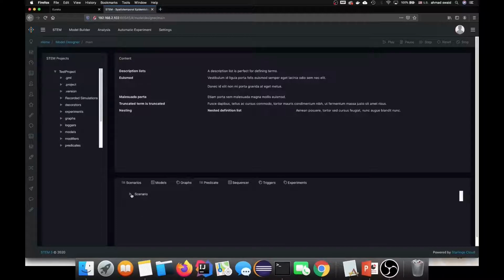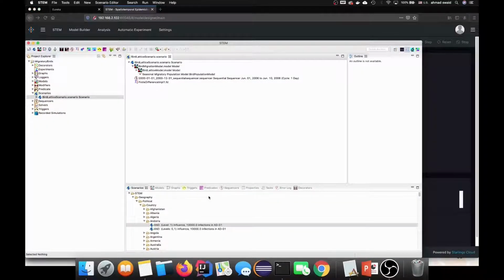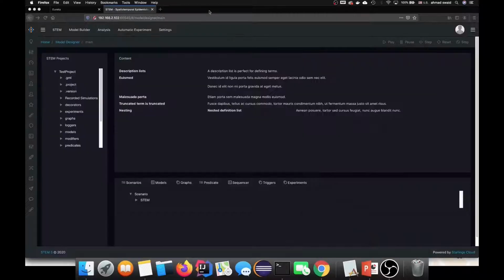This is scenarios, this is the models and the graphs. And as you see, in this design we tried to keep the original design of STEM, but in a modern way. This is almost the same design of STEM. And here you can see the navigation bar as a sidebar.